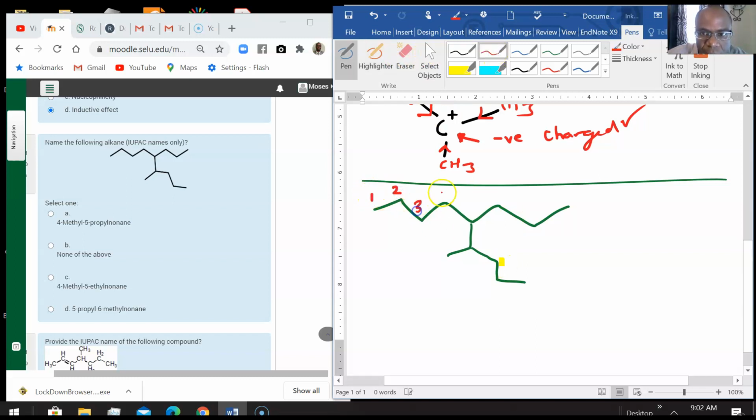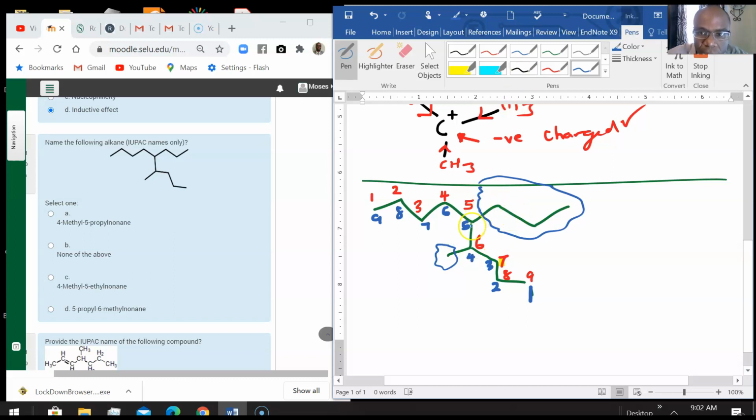1, 2, 3, 4, 5, 6, 7, 8, 9 in red, or, let me use a different color, 1, 2, 3, 4, 5, 6, 7, 8, 9. So we are going to take this whole thing as a substituent and this as a substituent.